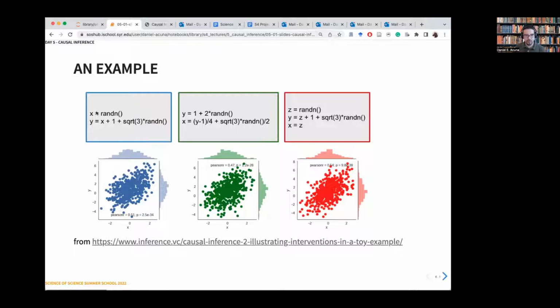We sample from that, and it is then input here when we produce Y. Y is now going to be X plus 1 plus some noise. If I set the value of X, I will have a change in the value of Y.